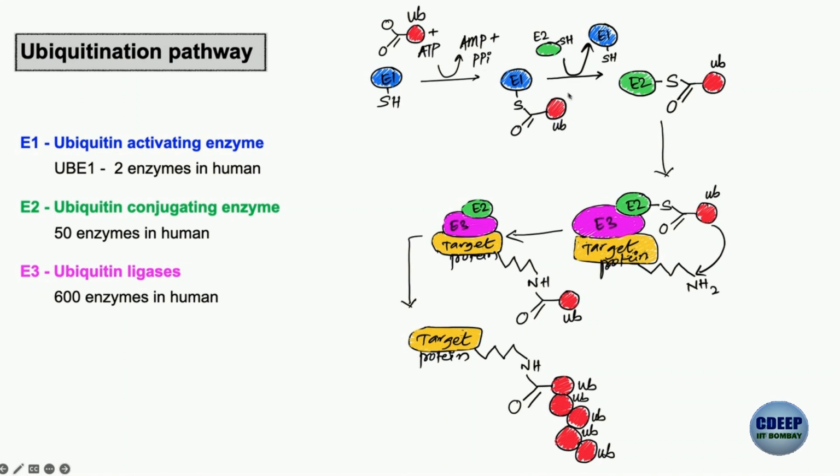Then E1 transfers ubiquitin onto E2, and E2 associates with E3, the ubiquitin ligase. There are multiple mechanisms: either the ligase takes the ubiquitin on itself and then transfers it to the substrate, or it associates with E2 and the ubiquitin is transferred directly from E2 to the substrate. This is the general mechanism of ubiquitination.